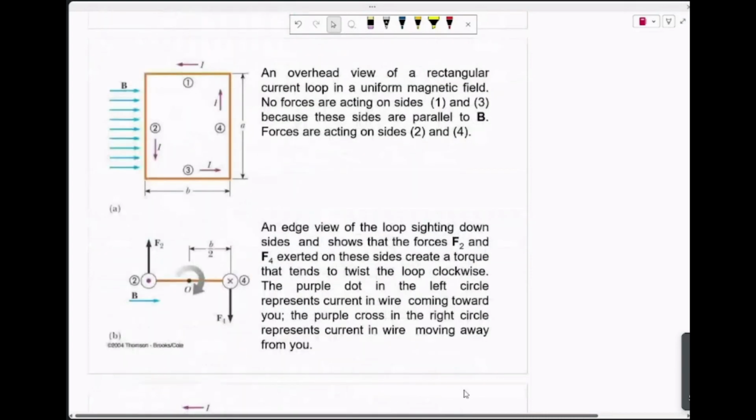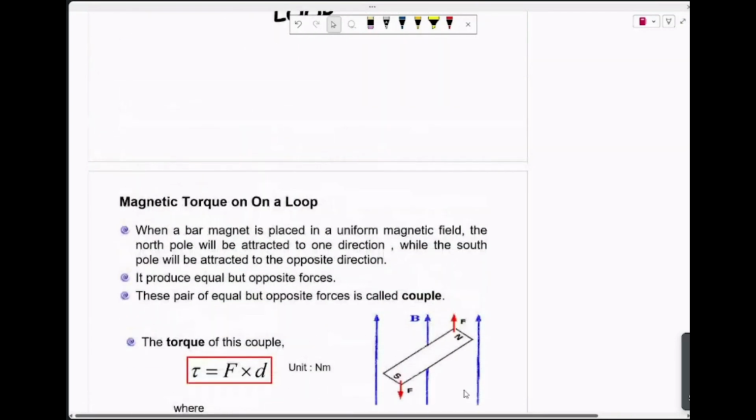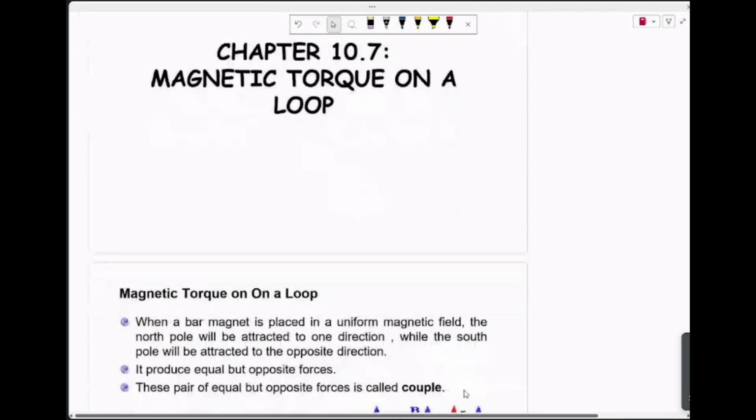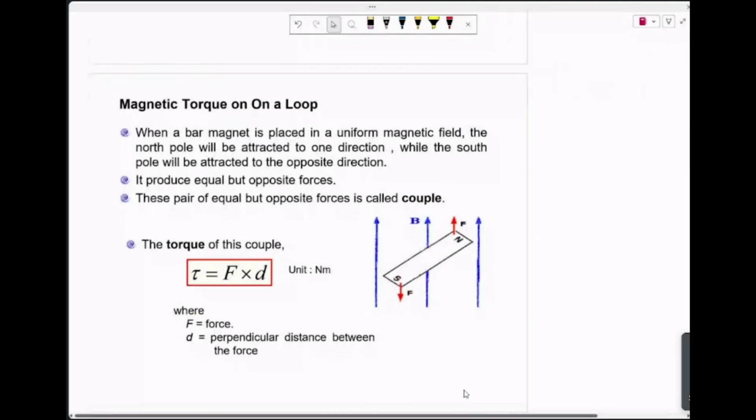This one again is correlated to the previous one, but it involves torque, which we haven't covered in any part of the chapter before. With a center, the torque here will be half of this and half of that going up, and then you technically multiply by 2, the distance between the two forces.